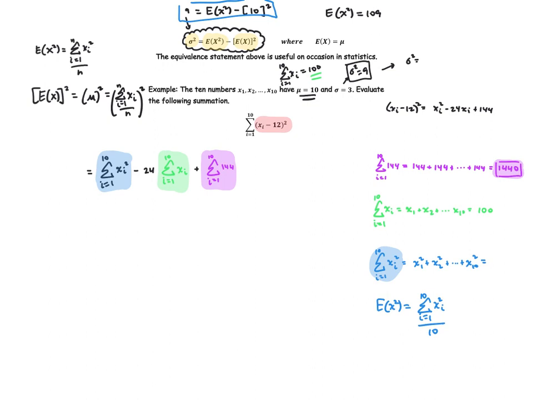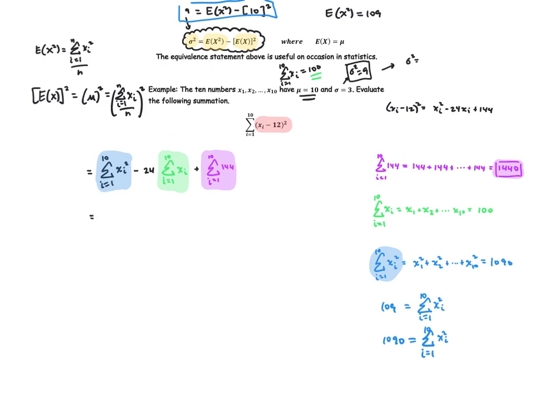So if I know that this is 109, then I know that the sum of the squared terms is going to be equal to 1090. All right, so our blue term is 1090. All right, there we go.